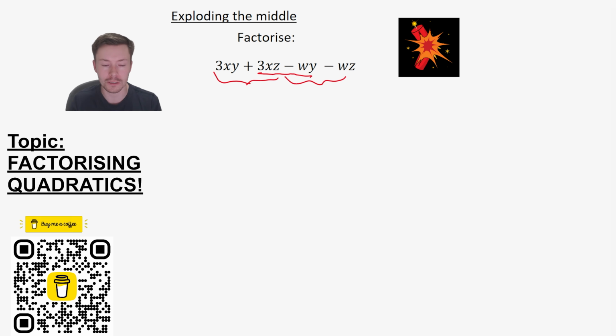Factorising this, I can divide both terms here by 3x. So I factorise 3x out of those two and I get y plus z. Now bear in mind we should have this bracket again in these last two terms. So I'm going to factorise out a minus w, and I get y plus z again.